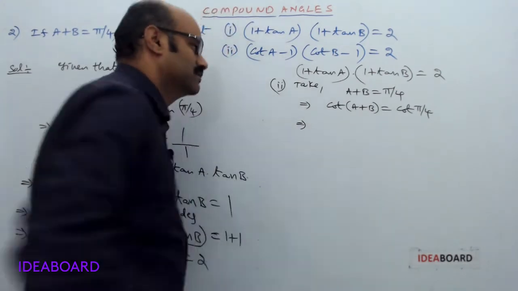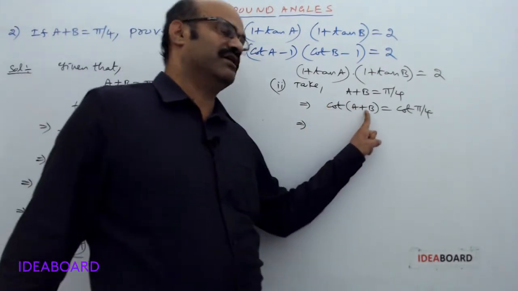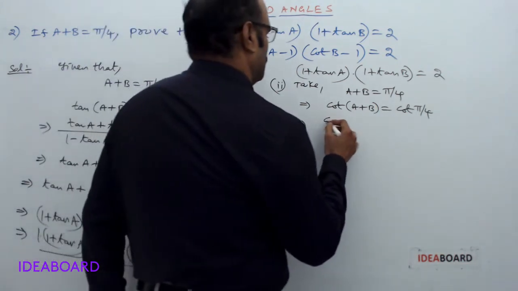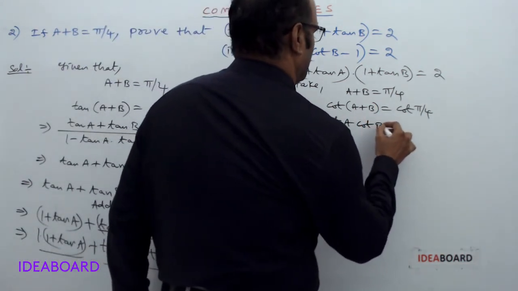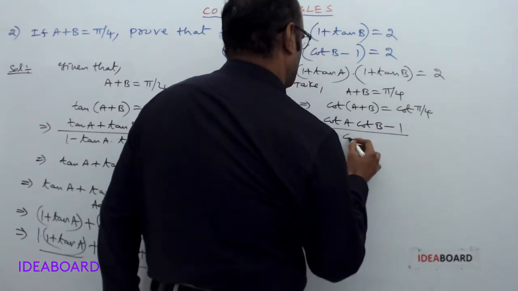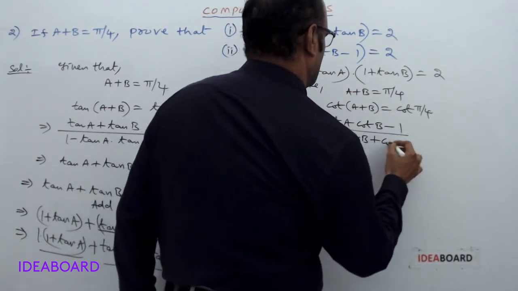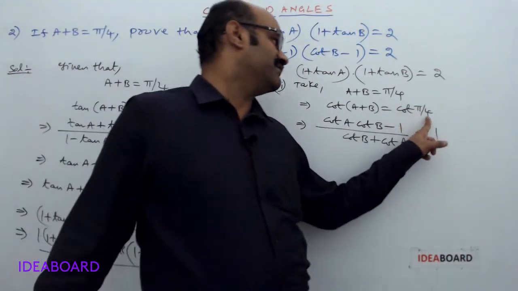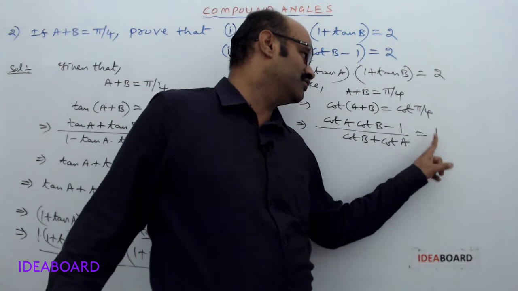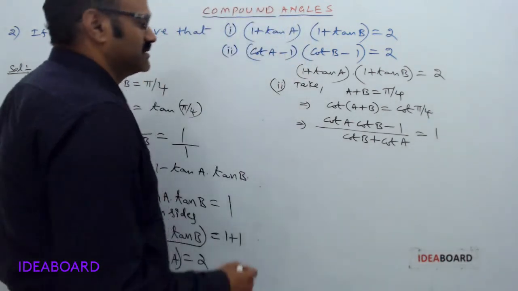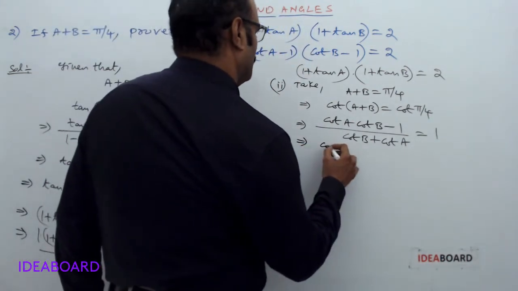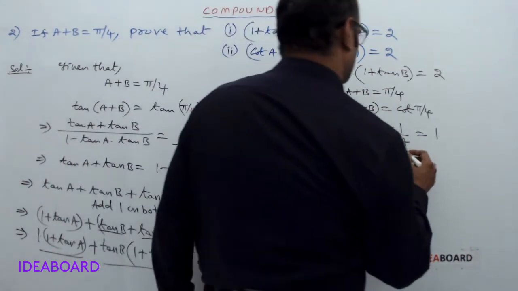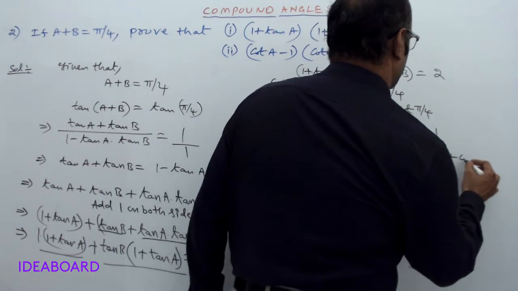It implies cot of a plus b, formula is cot a cot b minus 1 by cot b plus cot a equal to cot 45, 1. Pi by 4 means 45 degrees. Cot 45 degrees equal to 1. Now it implies cot a into cot b minus 1 equal to cot b plus cot a.